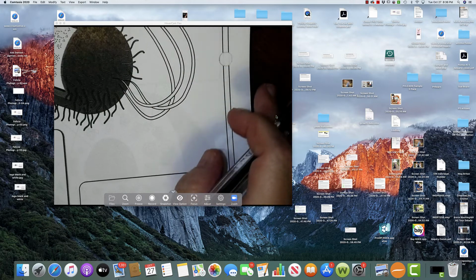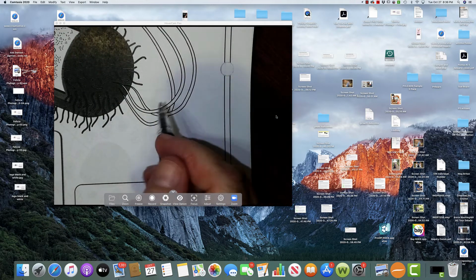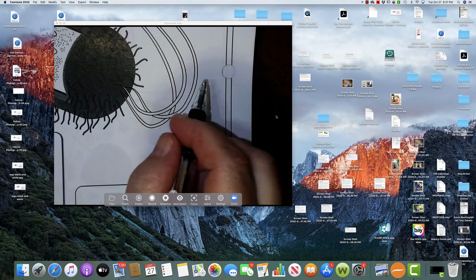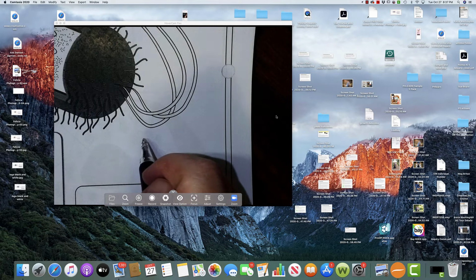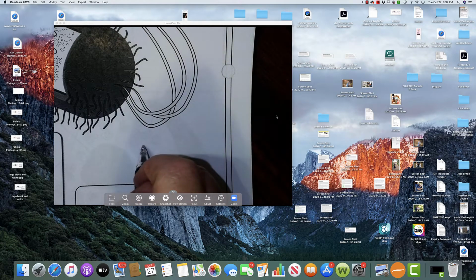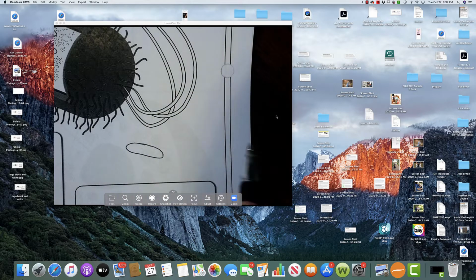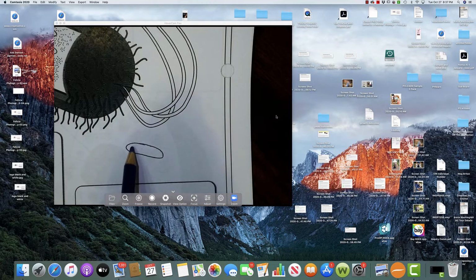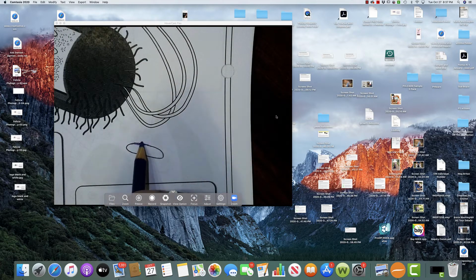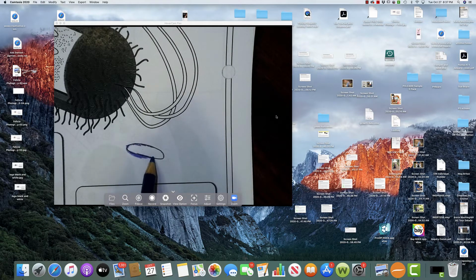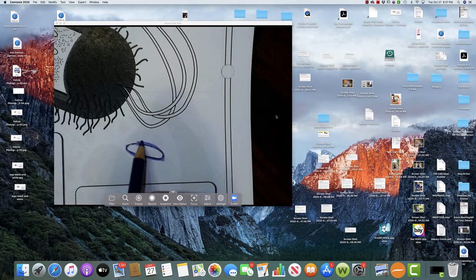Let me scoot some stuff out of the way. Okay, so we're going to start by just drawing a long tube looking thing. Okay, and then I'm going to grab a colored pencil. Maybe blue wasn't the best color. It's still kind of dark.